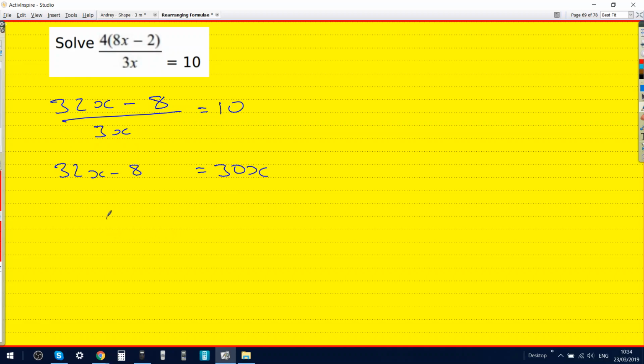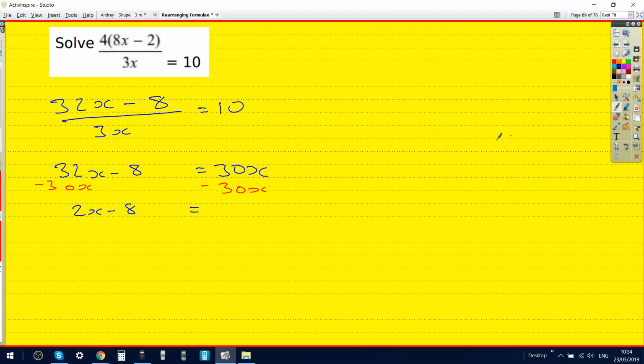Then you would add on the 8. No, you would take away the 30x from the 32x. So that would be 2x minus 8 equals 0.